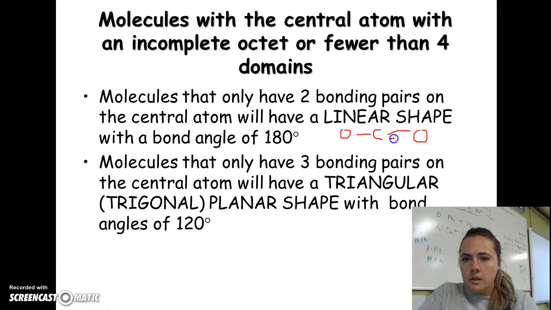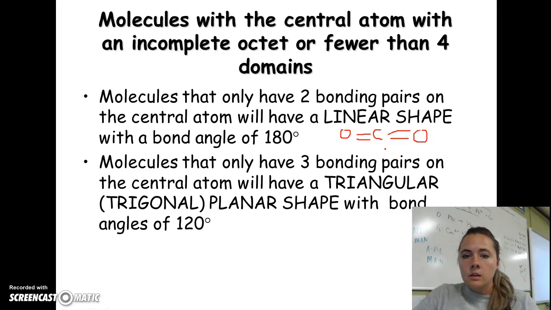Hang on, let me get the double bonds in there. So this carbon right here only has two domains, or two areas where you either have lone pairs or bonding happening. You've got a domain here on the right and a domain here on the left. So the number of domains is 2. The bond angle, or the angle between this domain and that domain, is going to be 180 degrees.